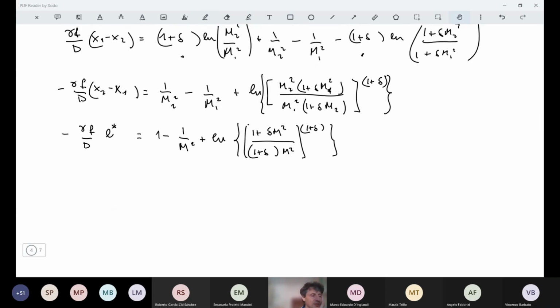And so we can plot this condition and see that our length cannot be greater than the one allowed by choking.